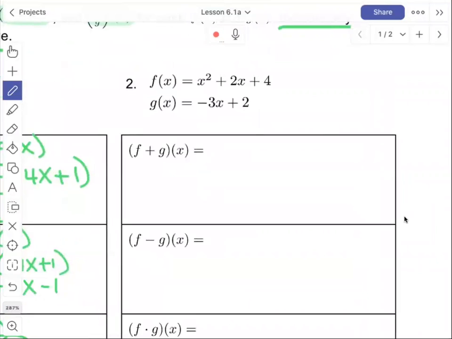All right, so sorry, what did you say? I don't know what's happening here. So it's f plus g squared plus 2 times f plus g plus 4.